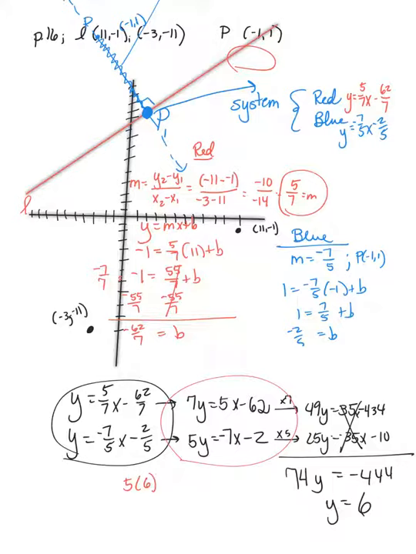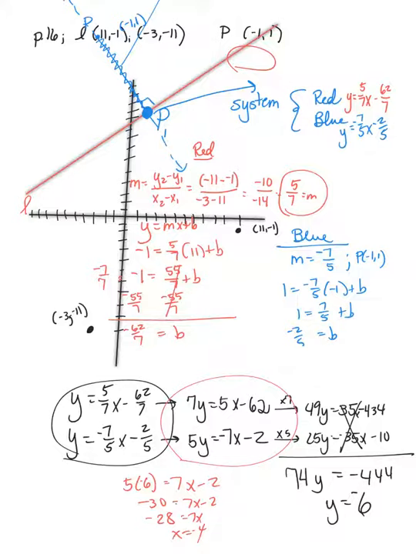Let's plug that in. You saved us a lot of grief there. So negative 28 is 7x, so x is negative 4.